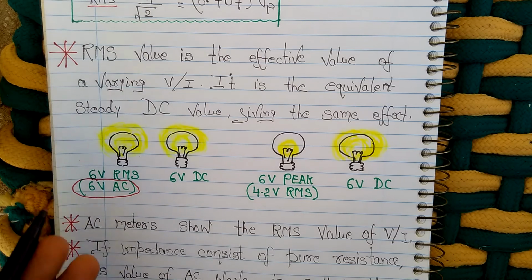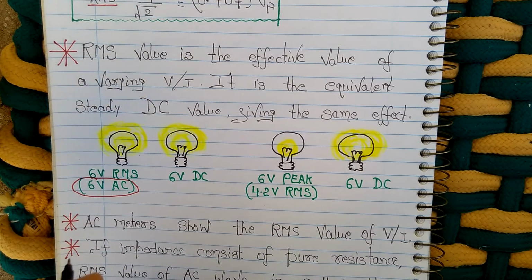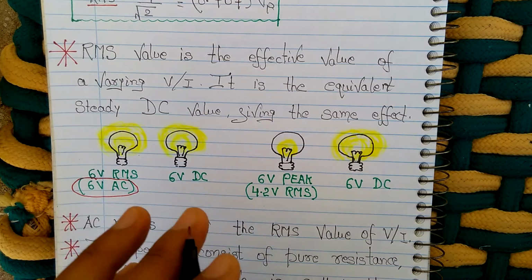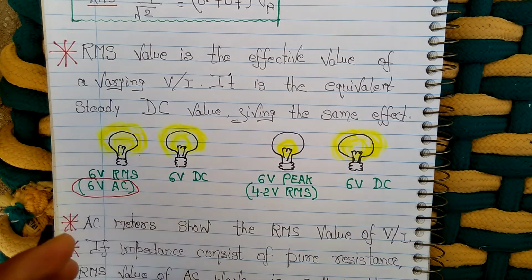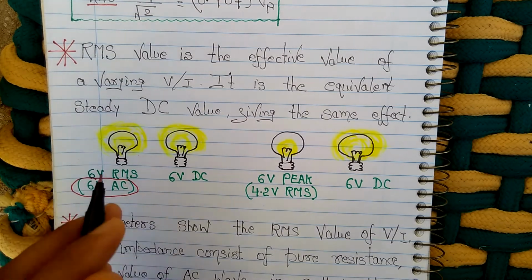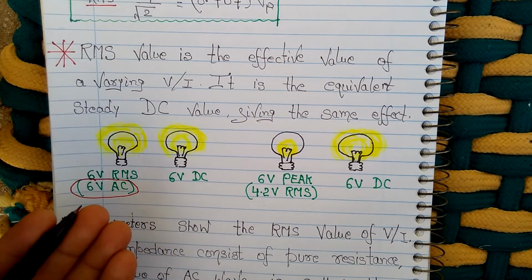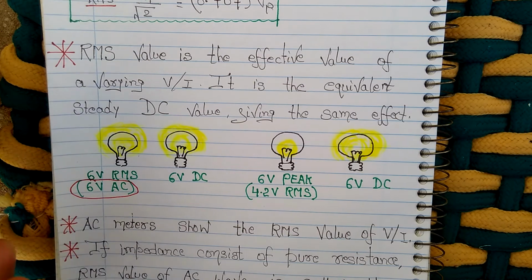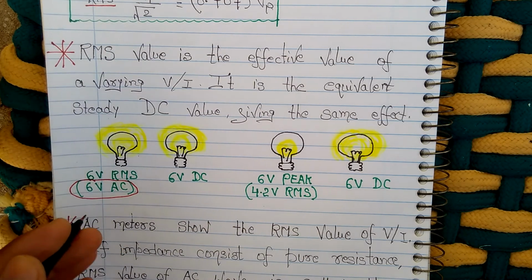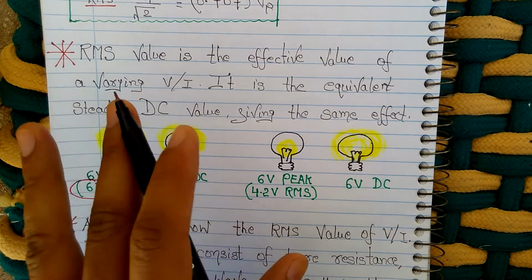Wherever you read any value of voltage or current in an AC system, it is always the RMS value, unless it is mentioned that it is peak value or average value or something else. By default it is RMS. If you read 230 volt, it is RMS. If you read 11 kV, it is RMS. If you read some current value like 5000 ampere, it is RMS, because in AC, if you are mentioning some absolute value, it must be RMS.